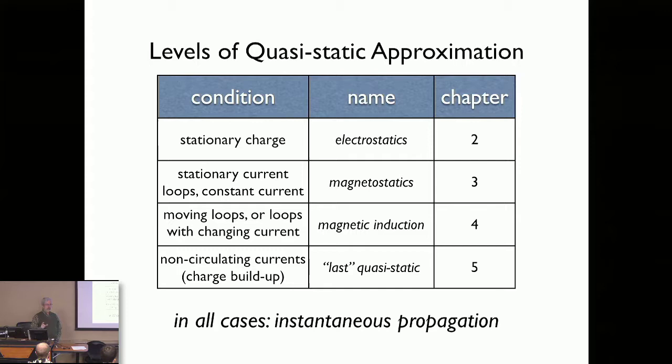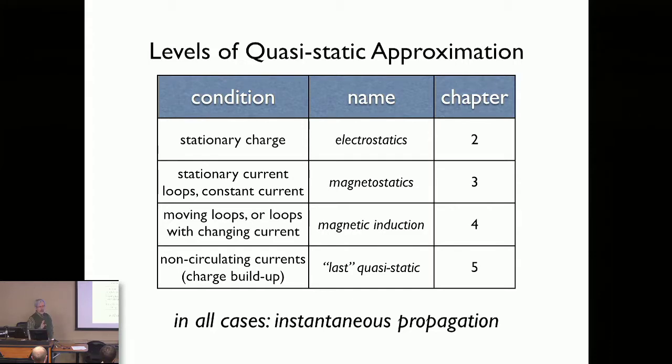You don't want the loops moving, and you don't want the current flowing. You want those loops to be complete loops, so there's no gaps, so there's no charge building up anywhere. And you also want the current in those loops to be constant in time, don't change in time. So that's the magnetostatics condition.